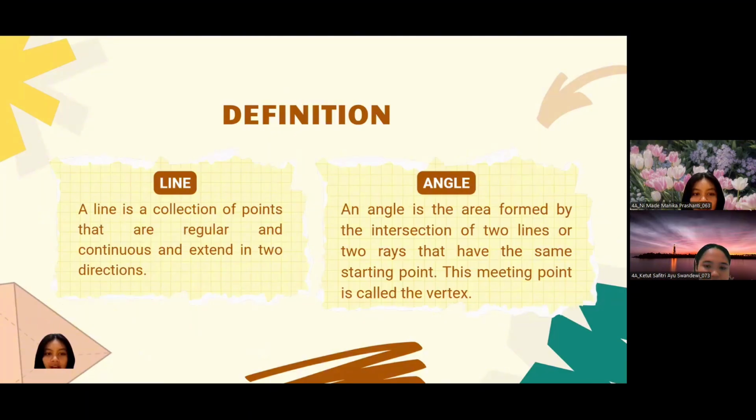A line is a collection of points that are regular and continuous and extend in two directions. But angle is the area formed by the intersection of two lines or two rays that have the same starting point. This meeting point is called the vertex.